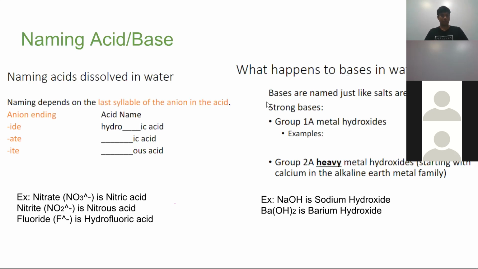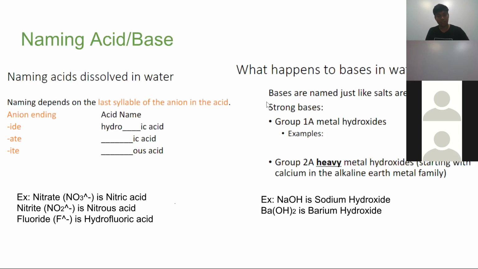I have three examples, where each anion has one of the three different endings. Nitrate, which is NO3 minus, becomes nitric acid because it has an ATE ending. You just drop it and stick the rest where the blank part is.